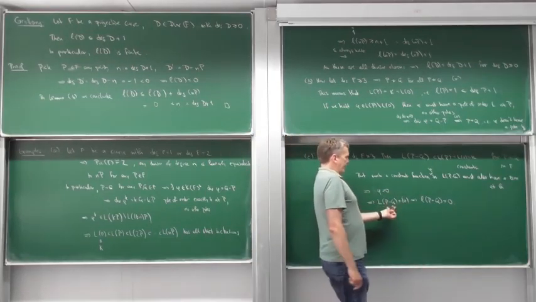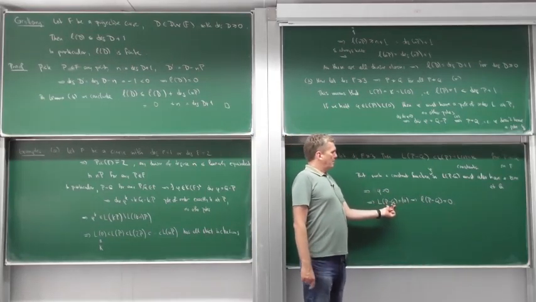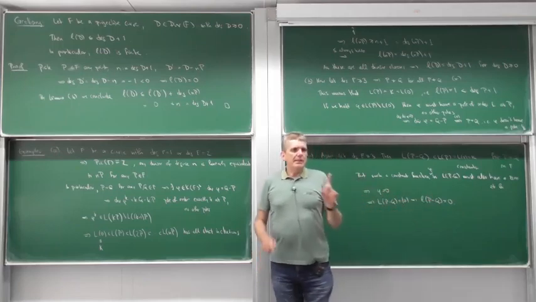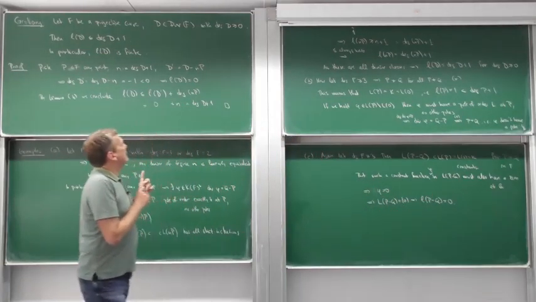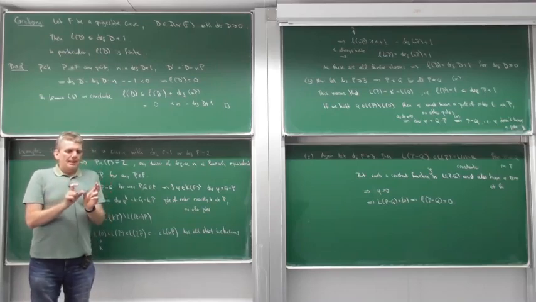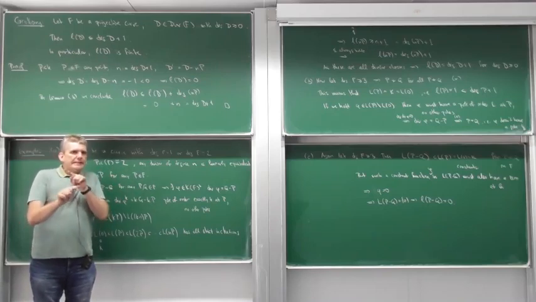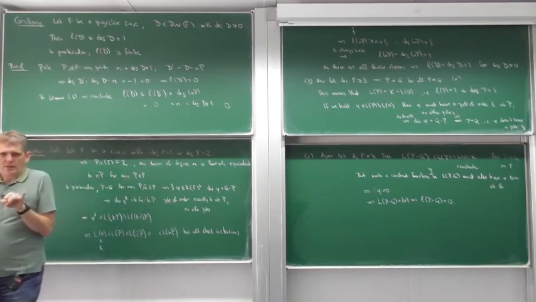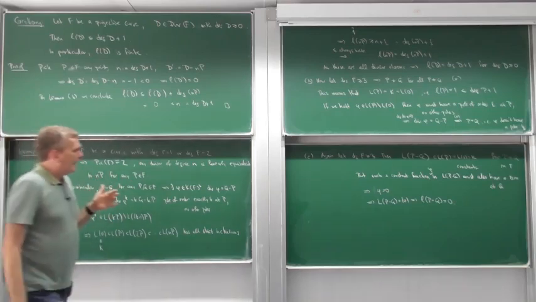And here we have a divisor that also has degree 0, but there the result is 0. So we see already that this l of D only depends on the divisor class, but it does not only depend on the degree.